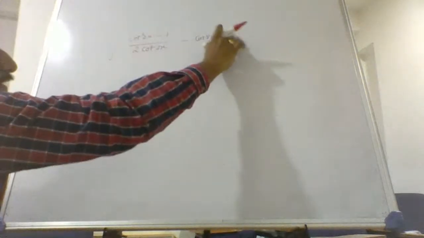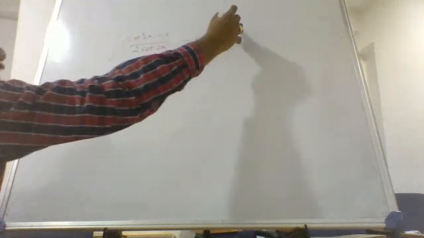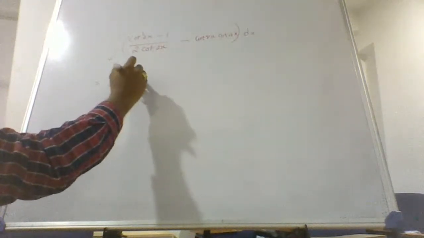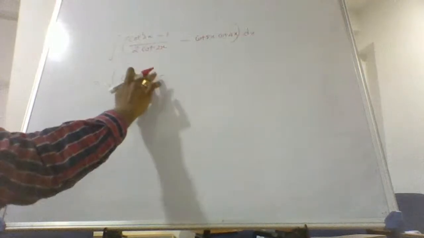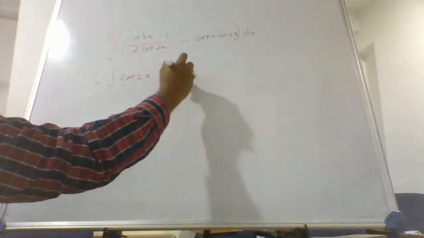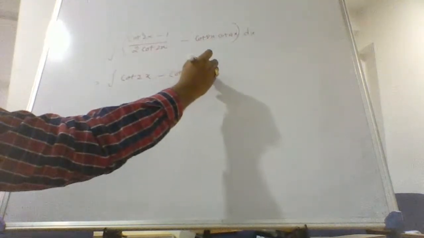Sorry, 4x if I said, into dx. Now this whole thing I can write as cot 2a, where a is 2x.